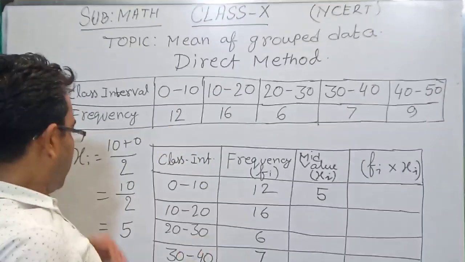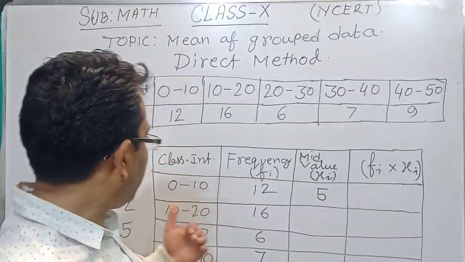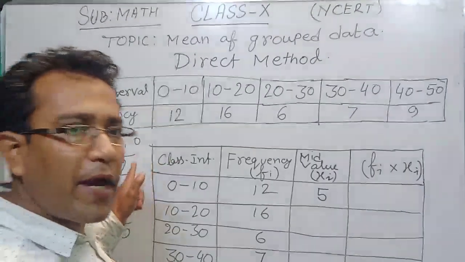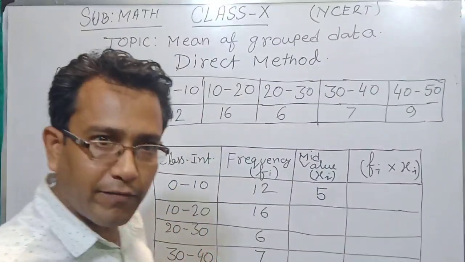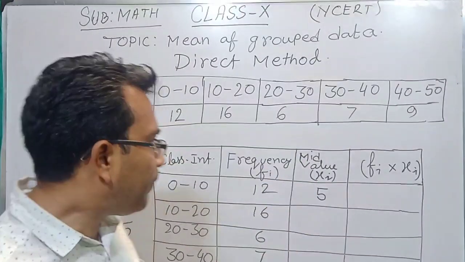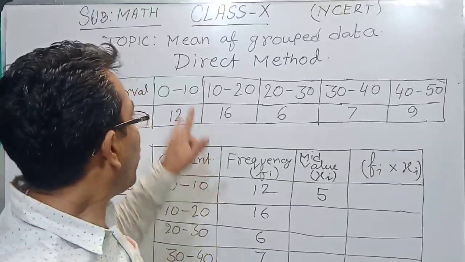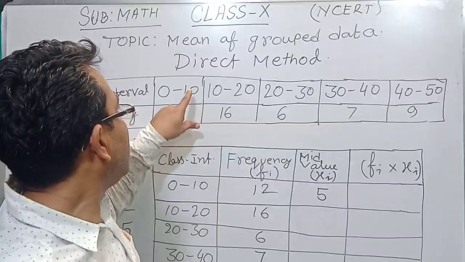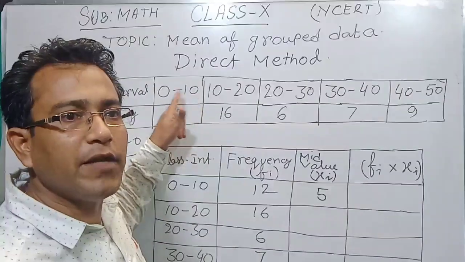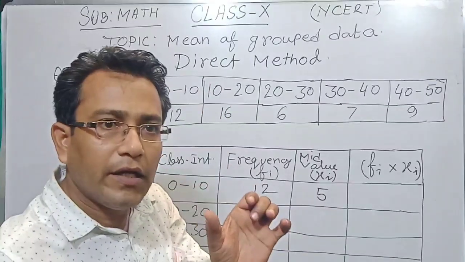To make it easier, you need not calculate upper limit plus lower limit by 2 in every class interval. How can you do it faster? Simply add the width of each class. Here the width of each class is 10.